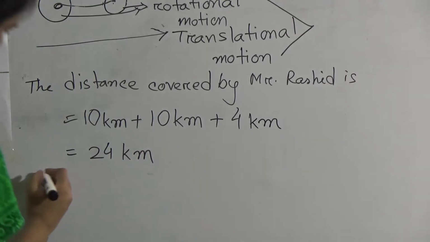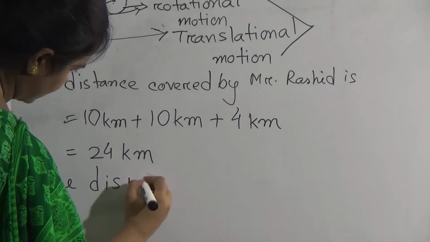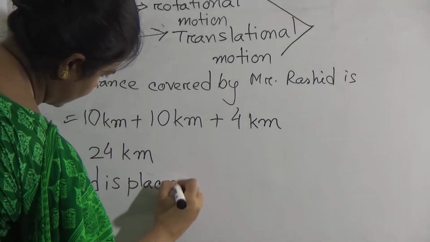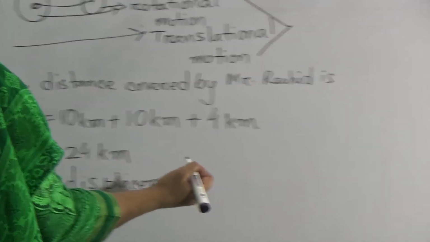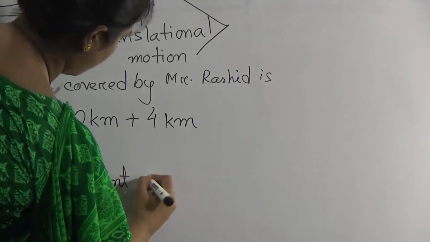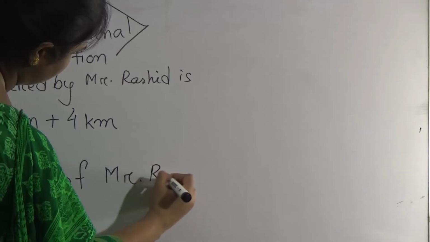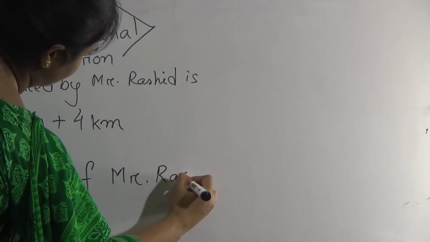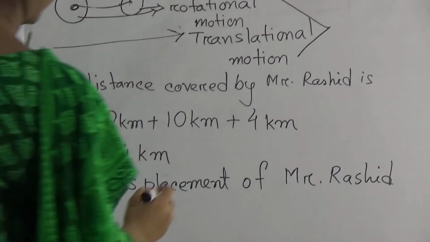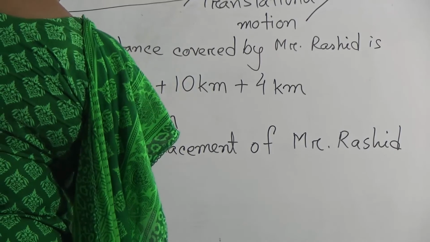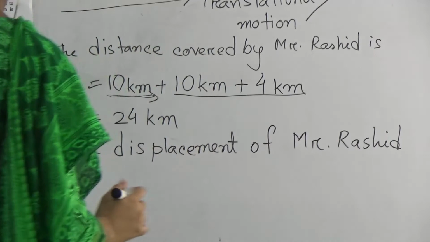Now the displacement. Displacement of Mr. Rashid: first time he goes only 10 kilometer, but second time he covered 14 kilometer.